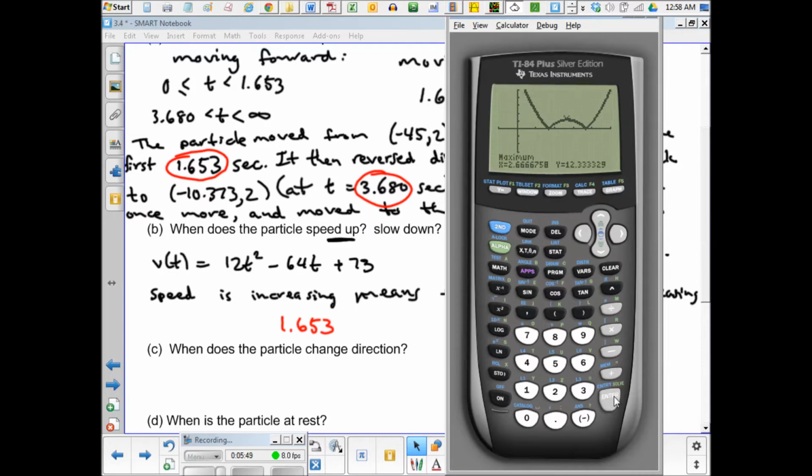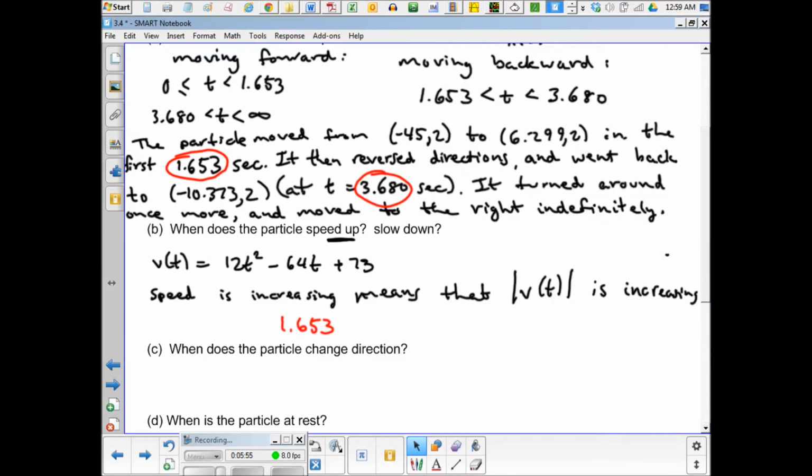Okay, this is at 2.666 seconds. In this region, we have the speed increasing.